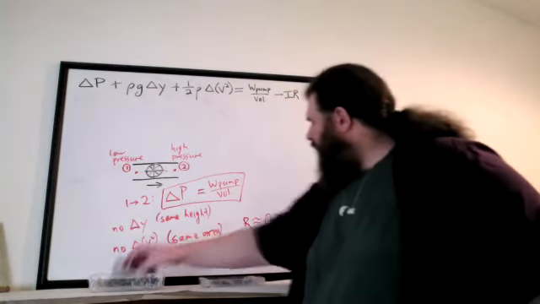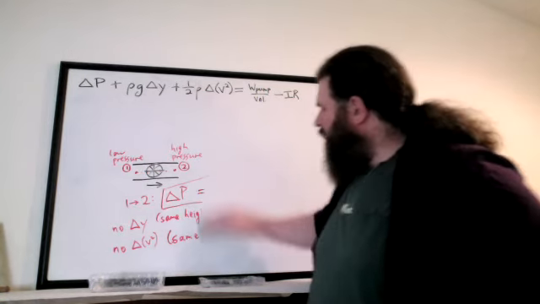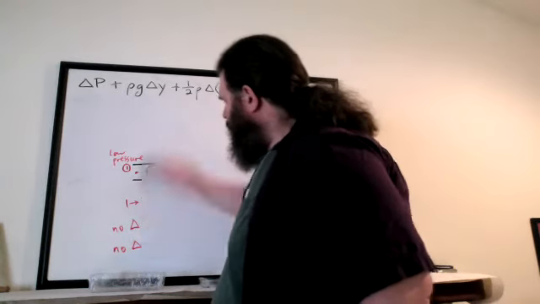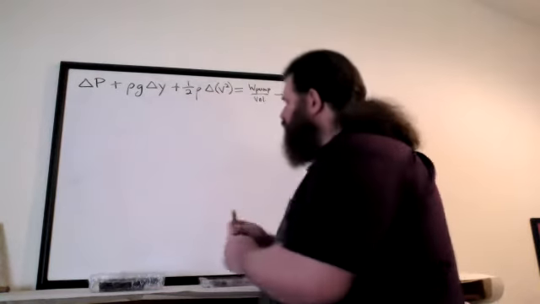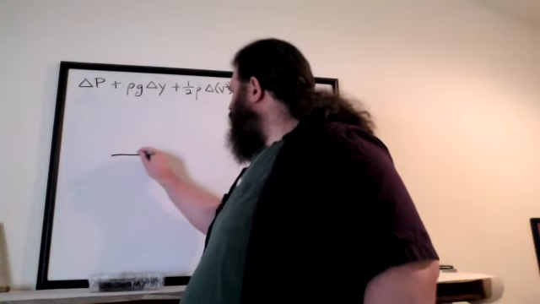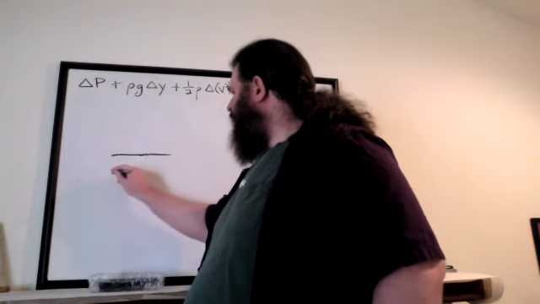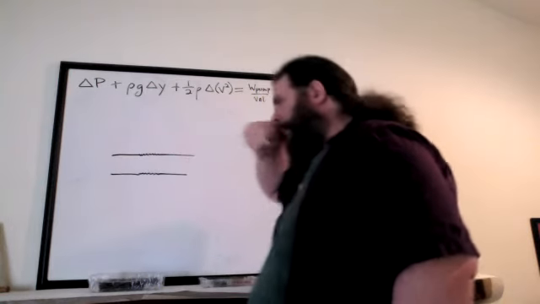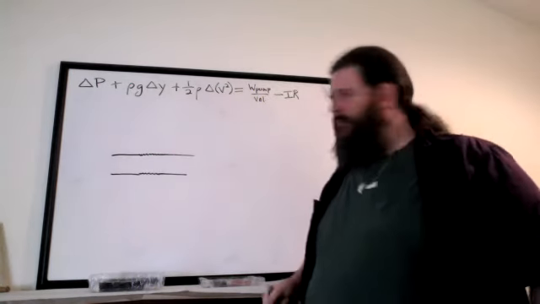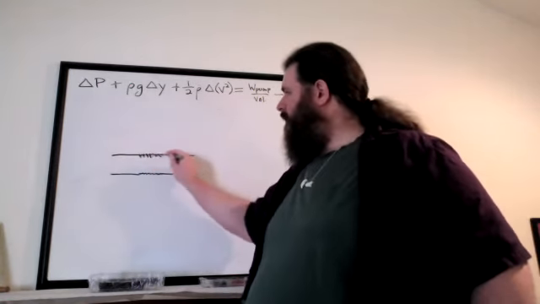Now let's try doing the same thing with resistance. If we look at a pipe with just resistance and nothing else changing. And sometimes we signify that by drawing the pipe kind of jagged. So maybe we've got a section of pipe made out of a rougher material.